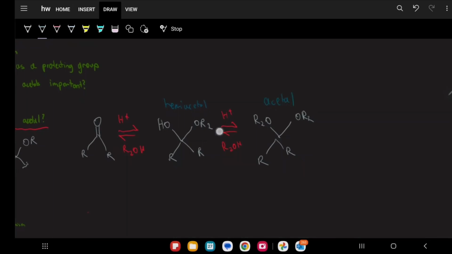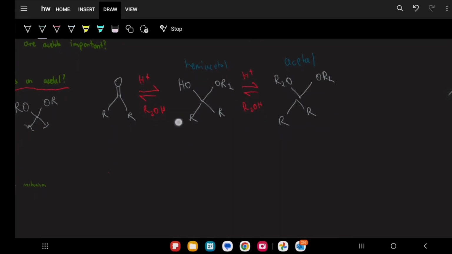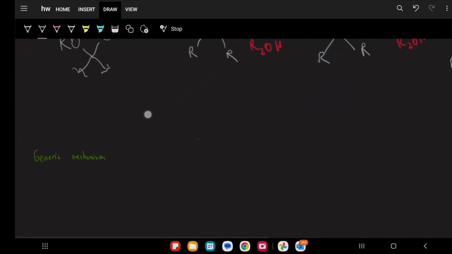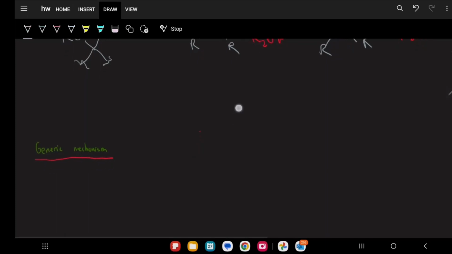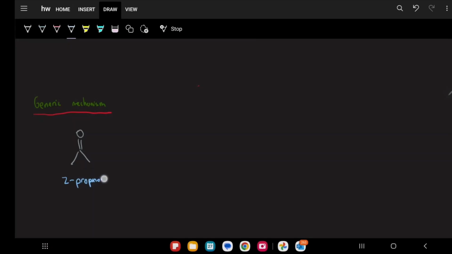So now let's dive into the mechanism of forming an acetal. Let's start off with this molecule. Now, if you remember naming for ketones and aldehydes, this molecule is called 2-propanone, or commonly it is known as acetone.